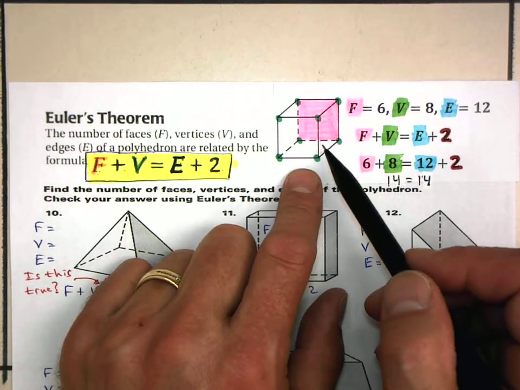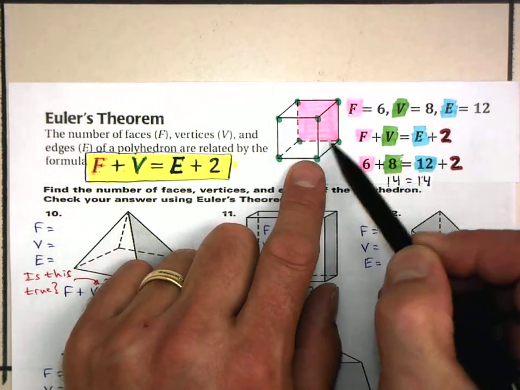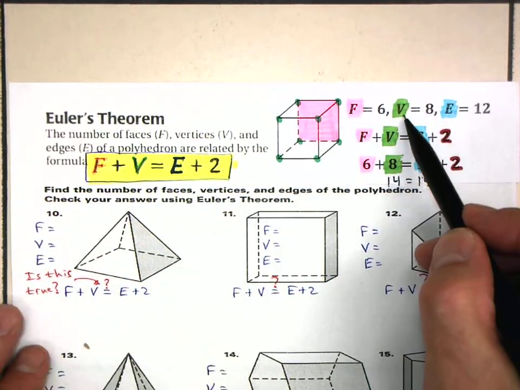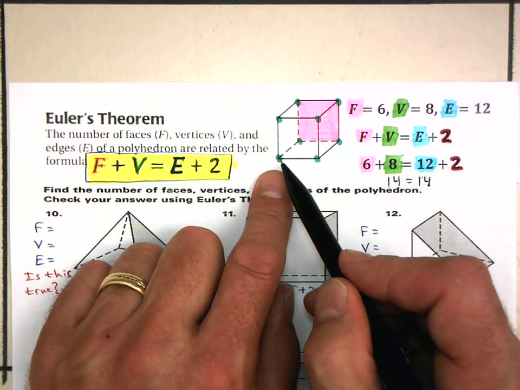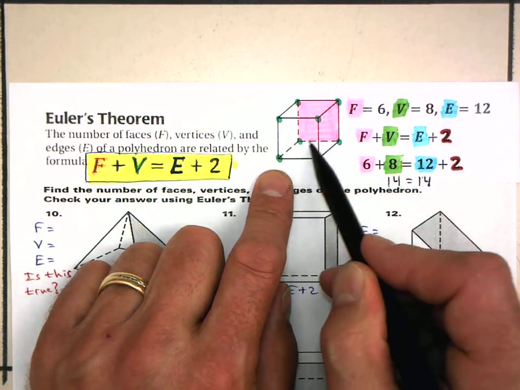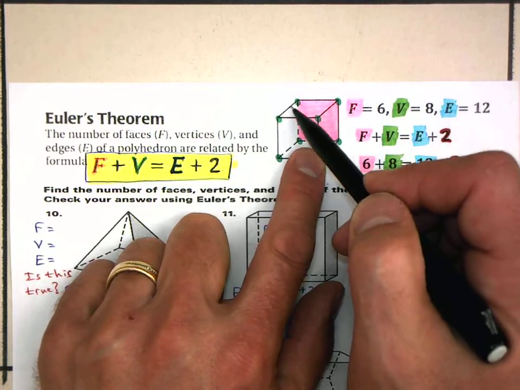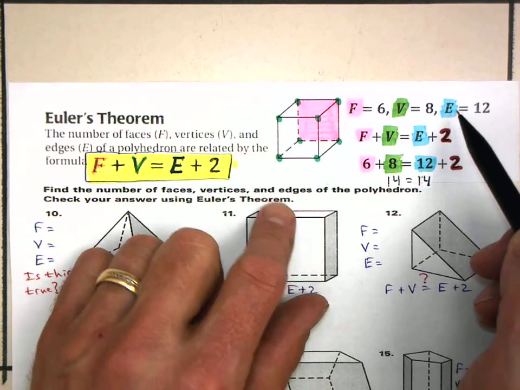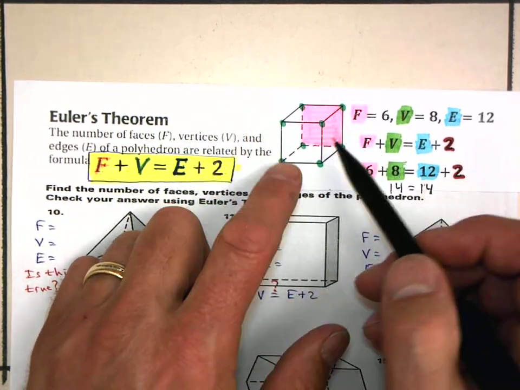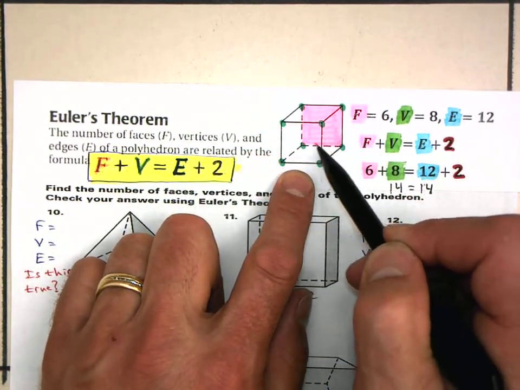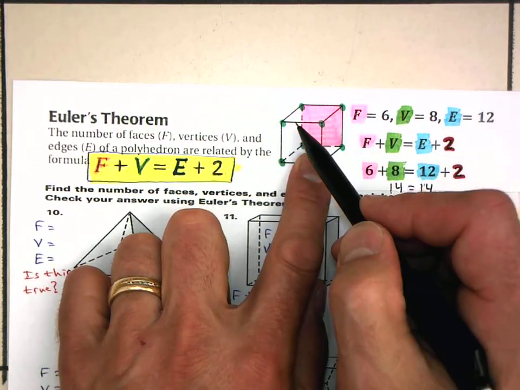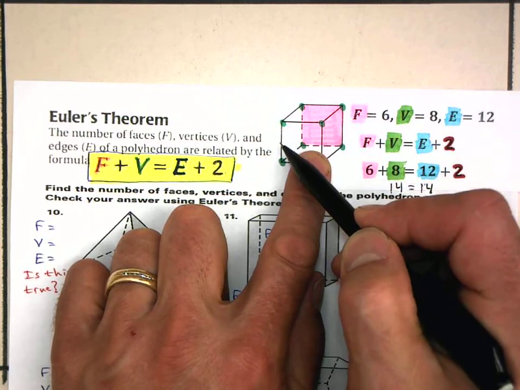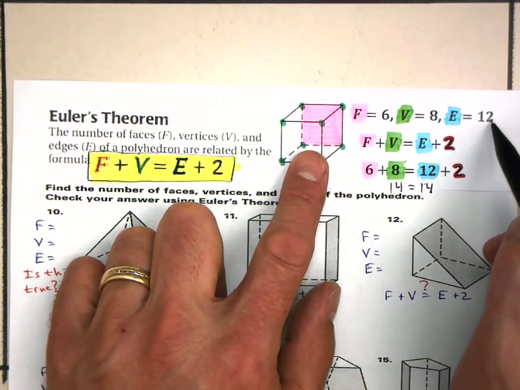So if you were to count the number of faces, you go 4 around the sides, and then you have your 2 bases. That gives us 6. And then vertices, how many vertices do I have? I've made those green here. I count 4 on the base, and then there's 4 on the top base. That gives a total of 8. And then edges, you can do it this way: there's 4 edges around the base, and 4 edges around the top base, and then there are 4 edges around the sides, so a total of 12.